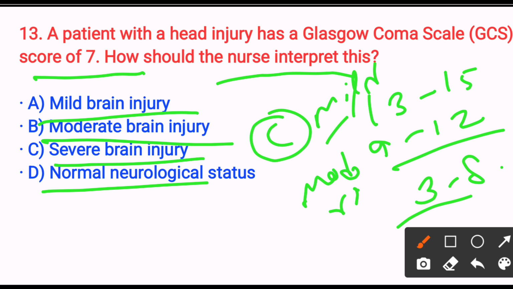A score of 7 indicates a severe condition. It requires immediate intubation for airway protection and intensive monitoring. It also indicates traumatic brain injury with coma. So the answer will be option C, severe brain injury.